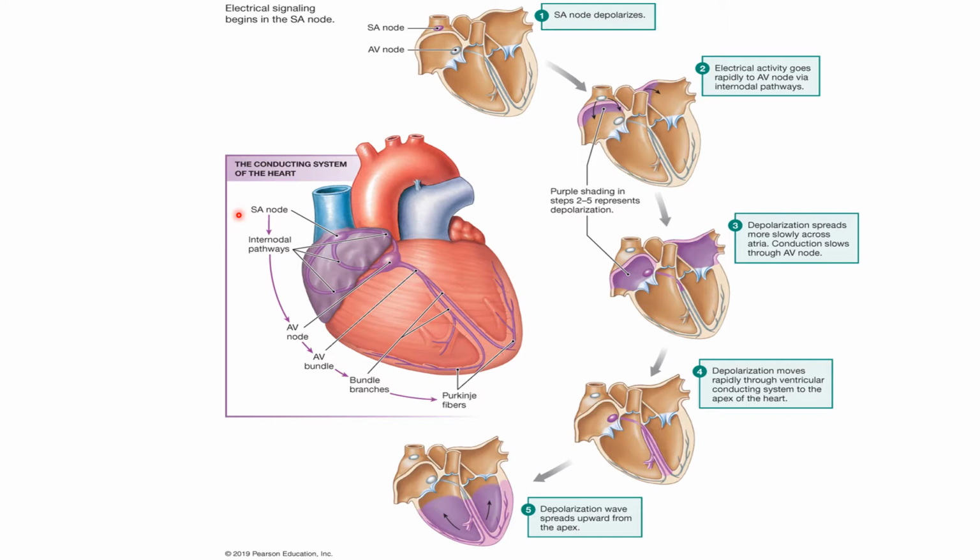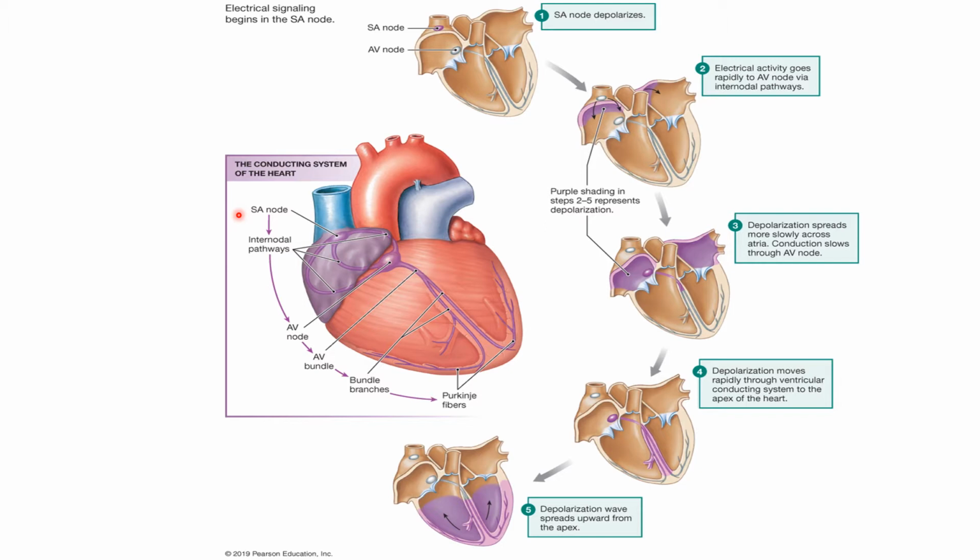Once those autorhythmic cells generate their own action potential, the action potential is going to spread throughout the heart, and it's going to spread to the contractile cells. Once the contractile cells receive the electrical message from the autorhythmic cells, those contractile cells are going to generate their own action potential, and then following that action potential, the heart is going to contract.